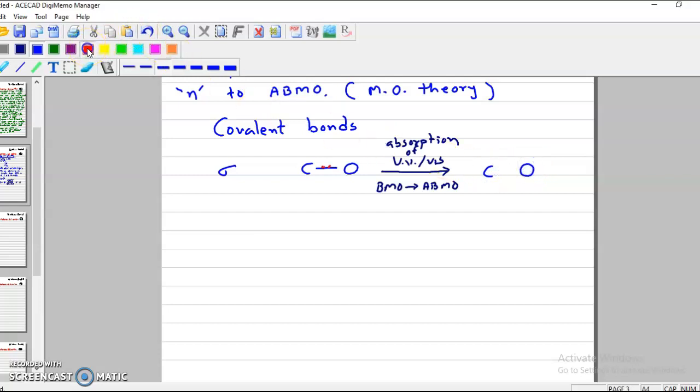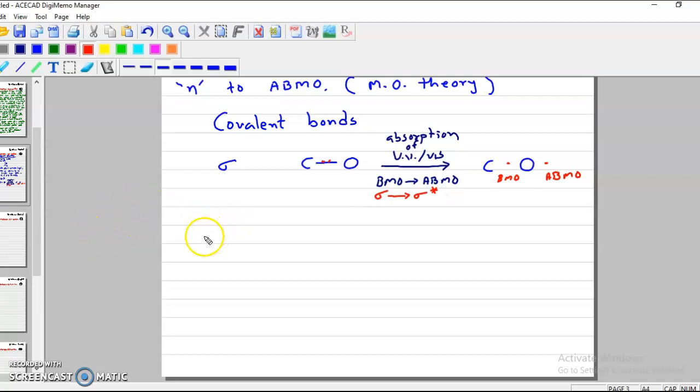Now only one electron left over here between carbon and oxygen, and one electron will go to anti-bonding molecular orbital. It is in the same plane, so it can be here somewhere. So here this is BMO orbital, and here there will be anti-bonding molecular orbital of sigma type. So this kind of transition is known as sigma to sigma star transition. Okay, this is due to absorption of ultraviolet visible light.